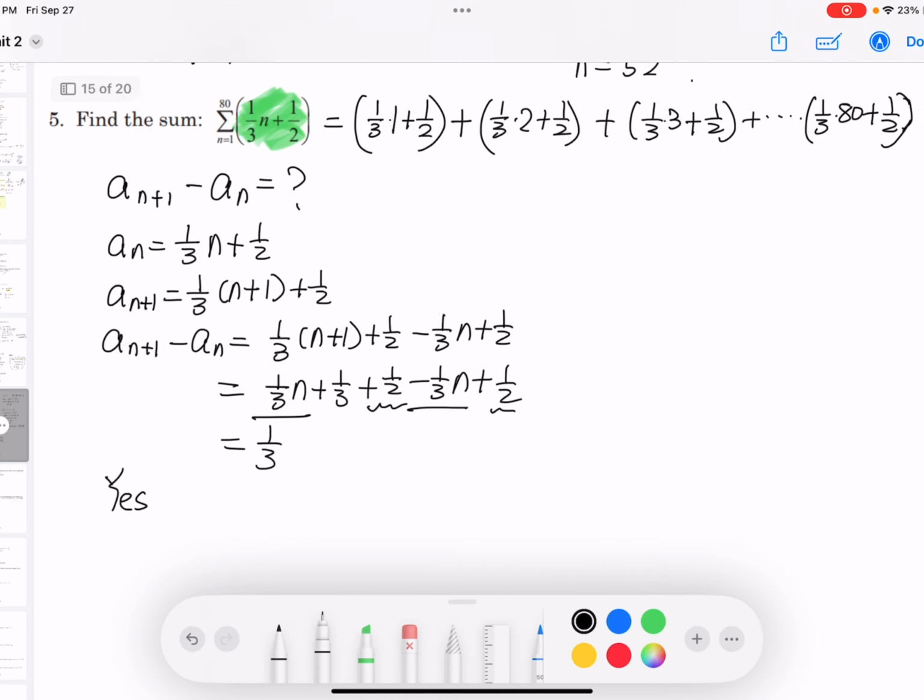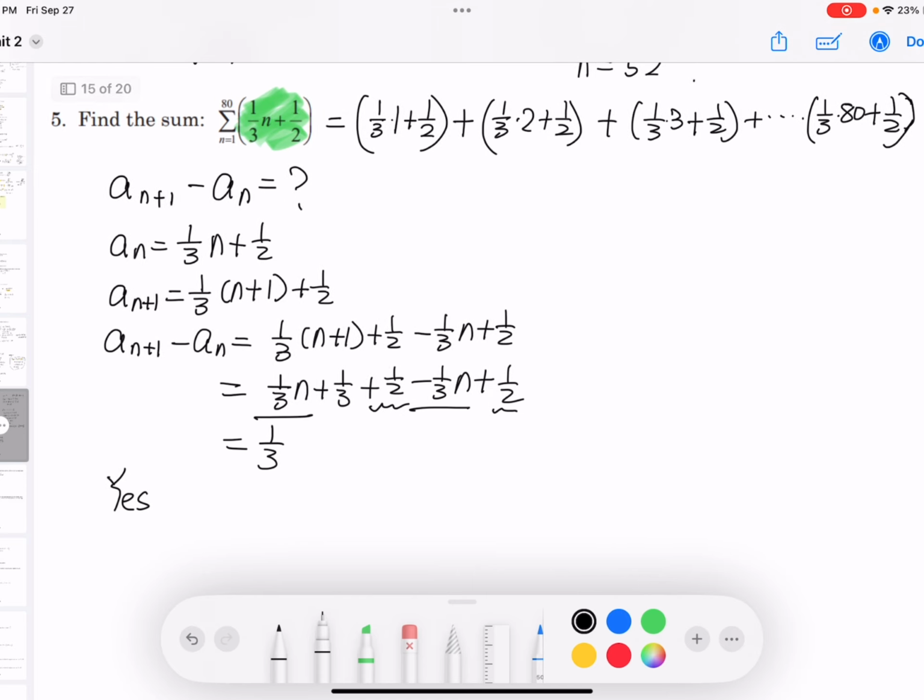If it is an arithmetic sequence, my S sub 80 is equal to 80 over 2 times a sub 1 plus a sub 80. I have a sub 1 by plugging in n equals 1, and I can find a sub 80 by plugging in 80 for n.